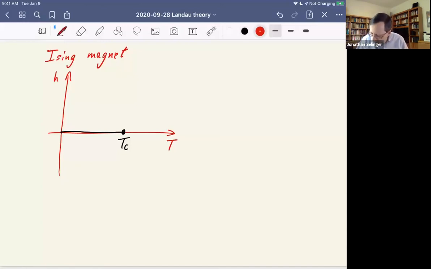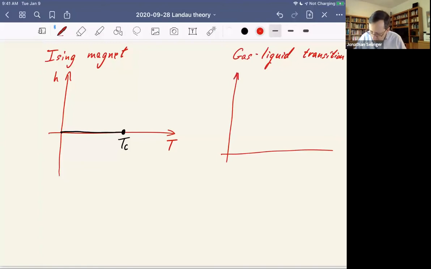And then we looked at the gas-liquid transition. And here, the variables might be pressure and temperature.